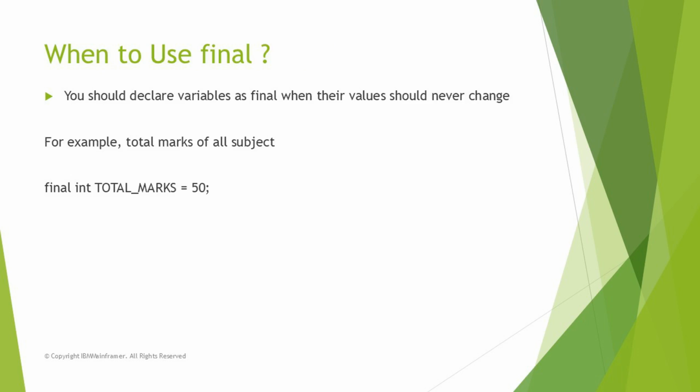When to use a final variable? As I mentioned before, you should declare a variable as final when its value should never change. Basically, a constant variable or value. For example, total marks for all subjects. So I am declaring final TOTAL_MARKS equal to 50. Maybe you are wondering why I declared it in capital letters.